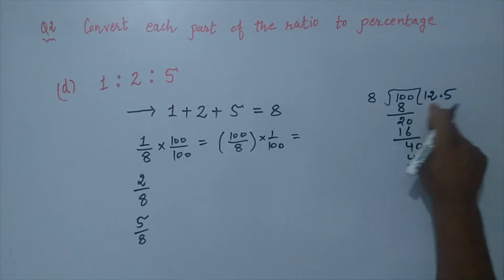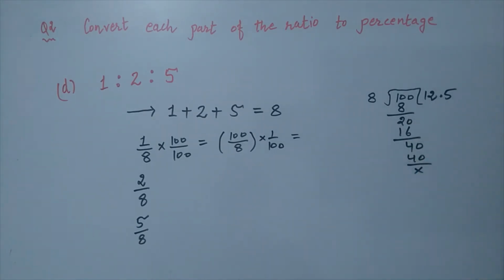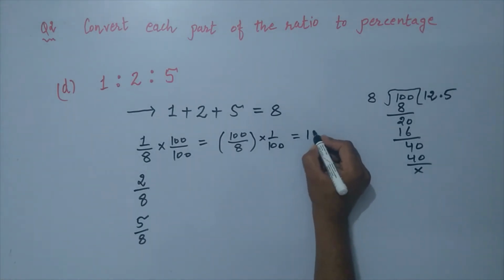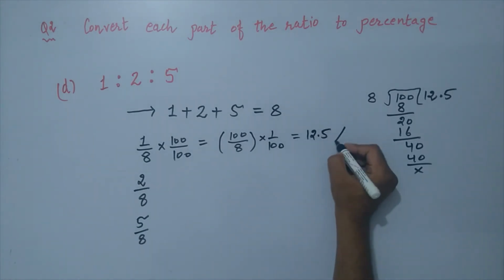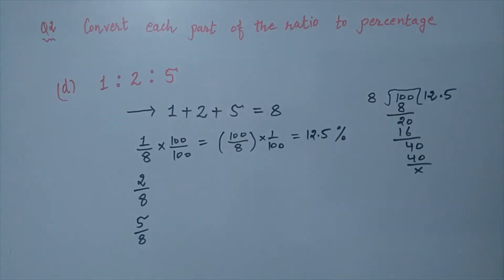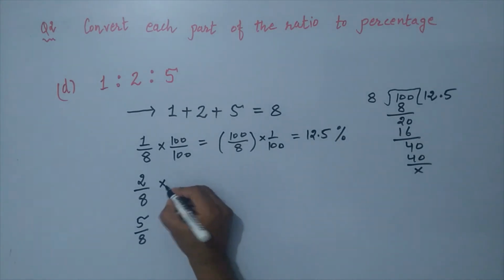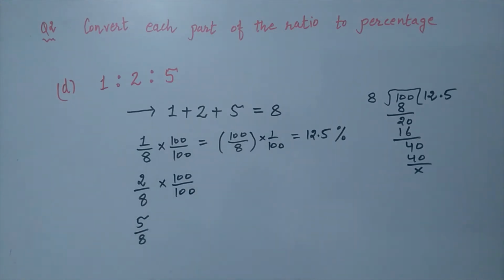So we get 12.5, right? So this way we say 12.5%. Here also we write 100 divide 100.